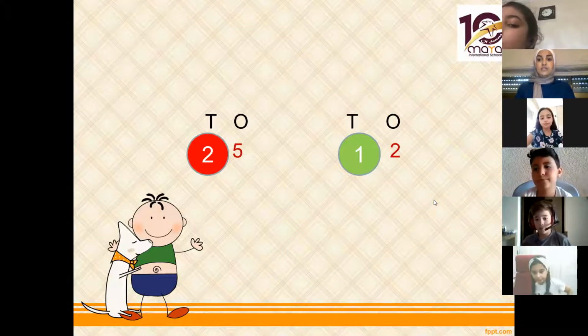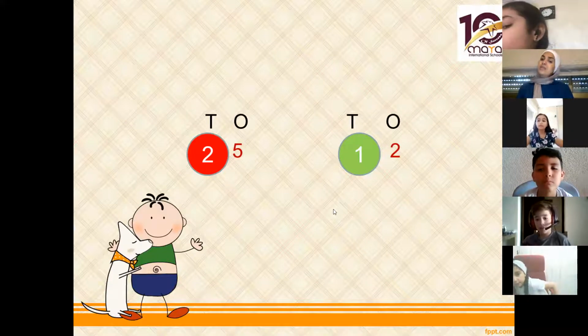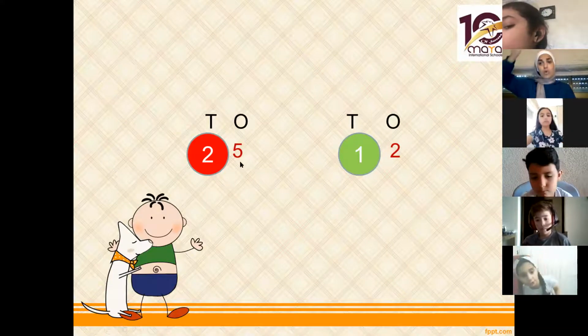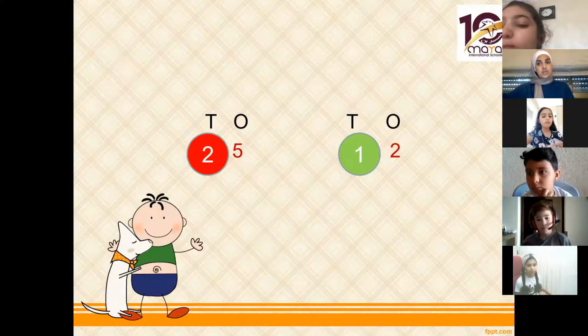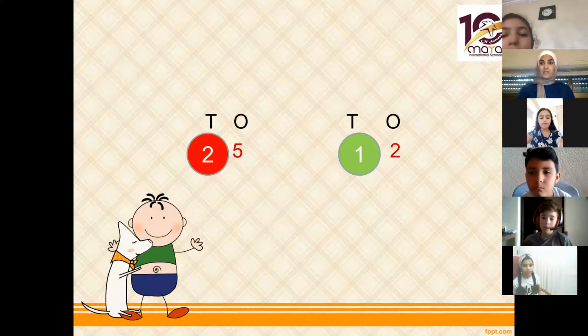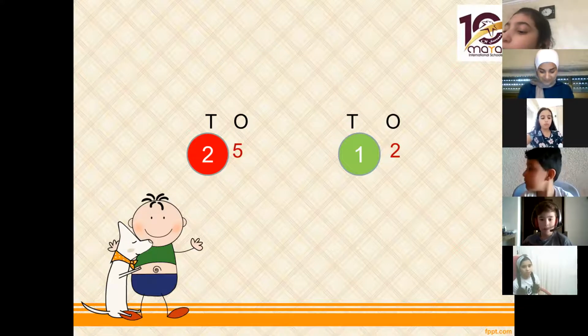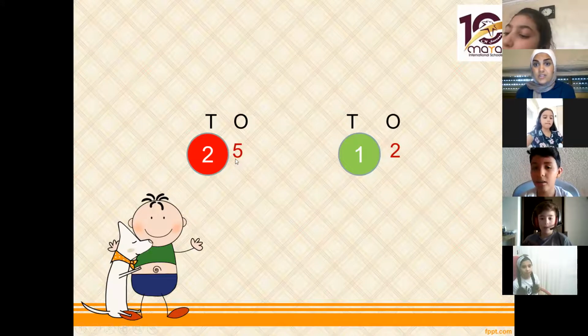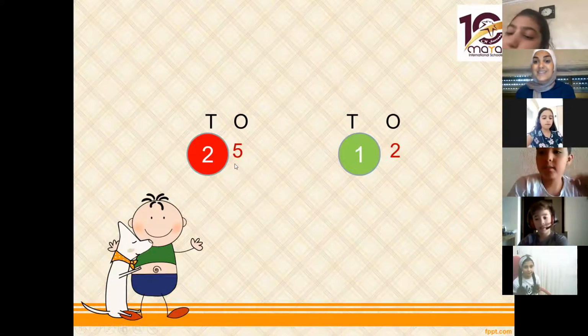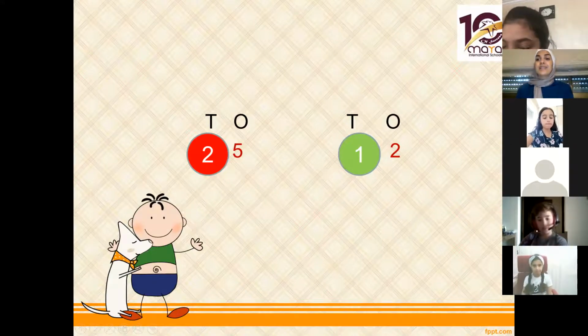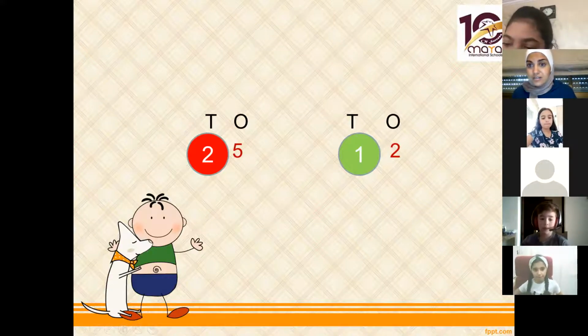Yes, 20 and 30. Now look at the ones. If we have 5 or more, we choose 30. If we have less than 5, we choose 20. In the ones, in 25. Yeah, good job. Thank you, Mr. Muhannad. Thank you very much. He chose 30. You are right.